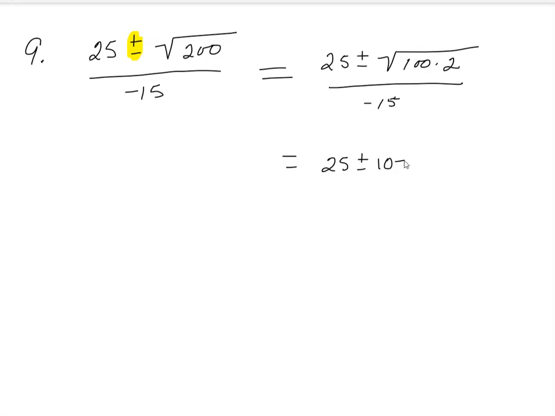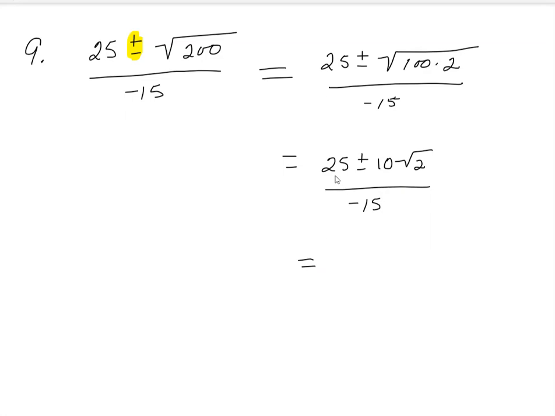So I have 10 times the square root of 2 up here in the numerator. And again, I have two answers here. And because I have a square root of 2, I have an irrational answer, two irrational answers.